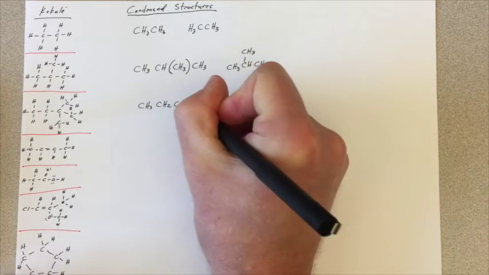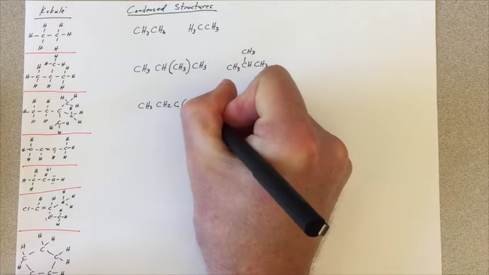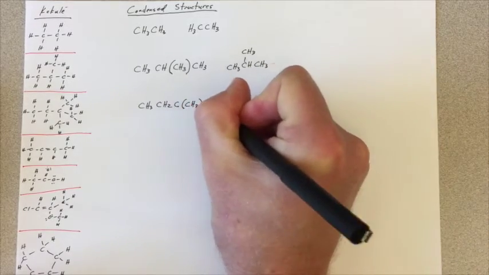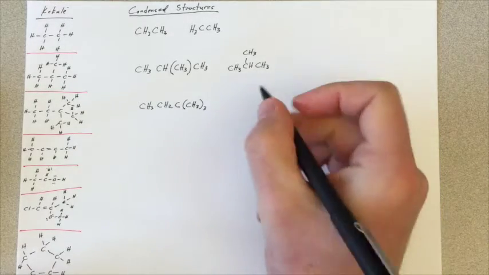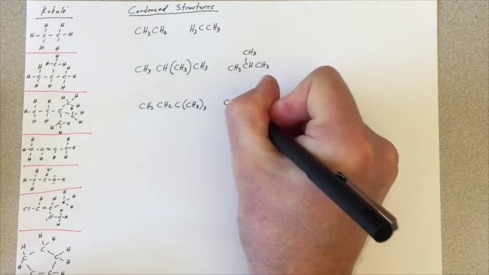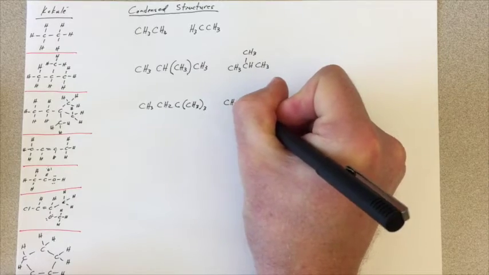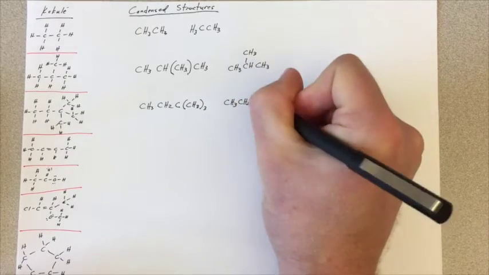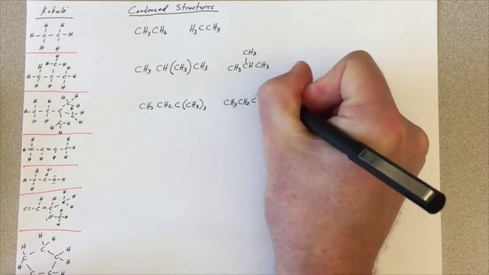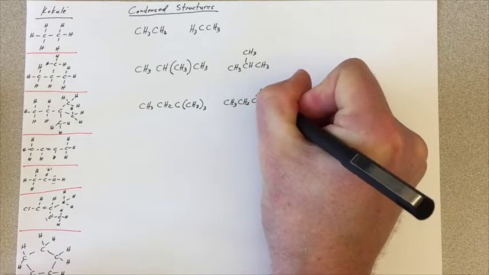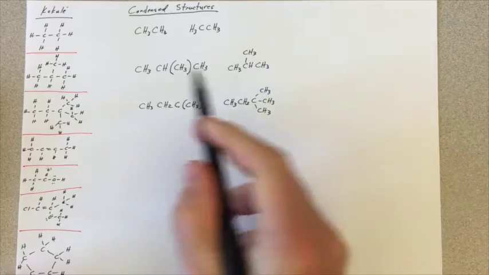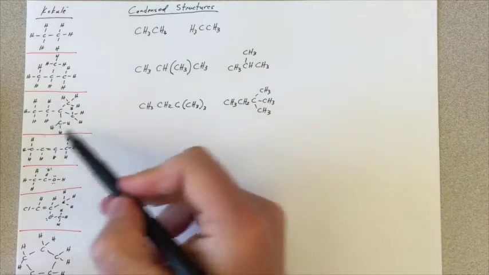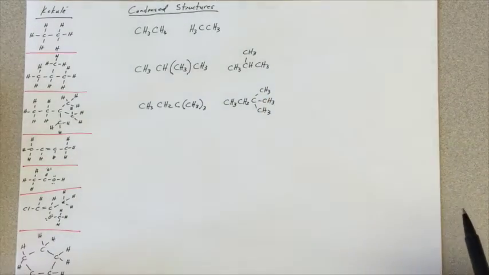So again, I can indicate that we have some sort of branching by putting those in parentheses, CH3, 3. Or I could indicate that branching with bonds, CH3, CH3, CH3. Again, any of these options is a whole lot better than drawing the whole thing out.